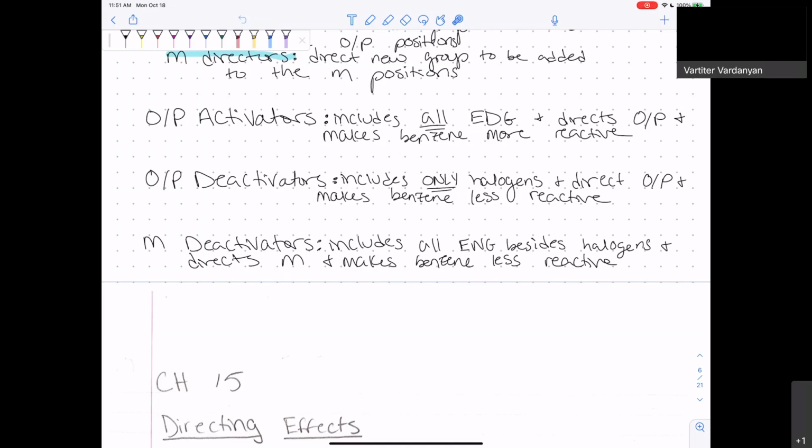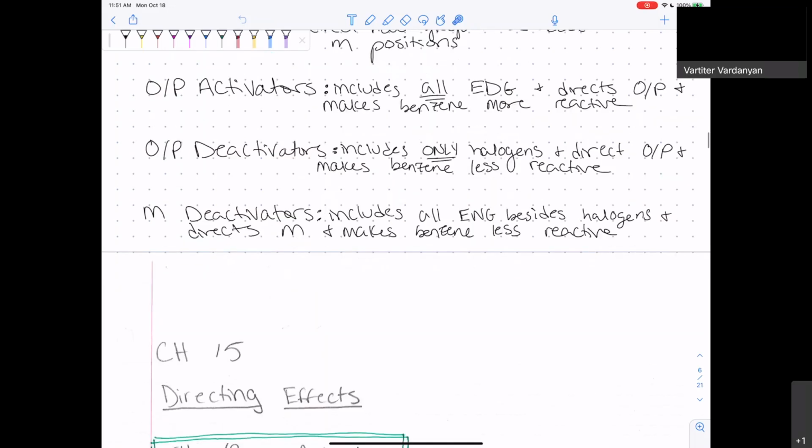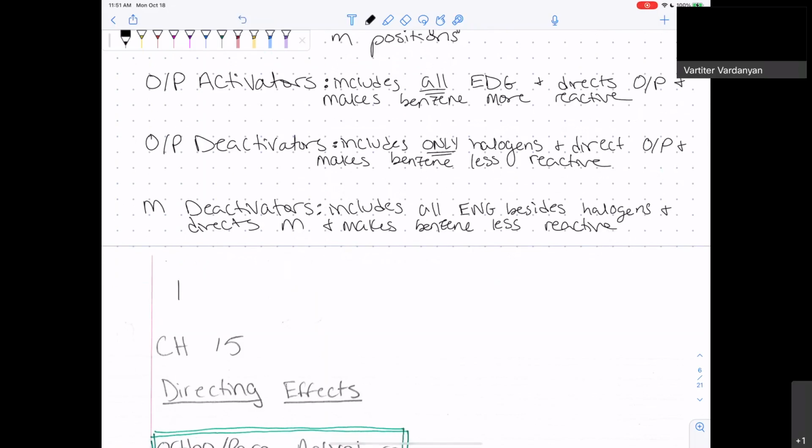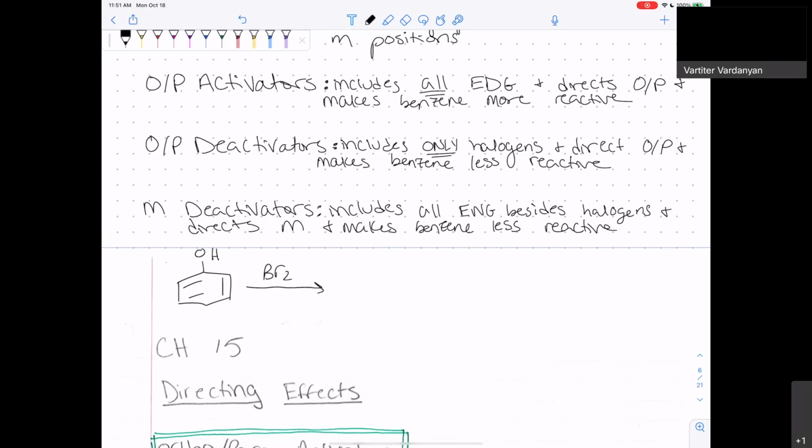So for example, let's say we had a benzene ring and it has an OH on it. Overall, is this benzene ring going to be more reactive or less reactive than a regular old benzene? More reactive, cool, because it's more nucleophilic. And let's say we react it with Br2 and FeBr3.